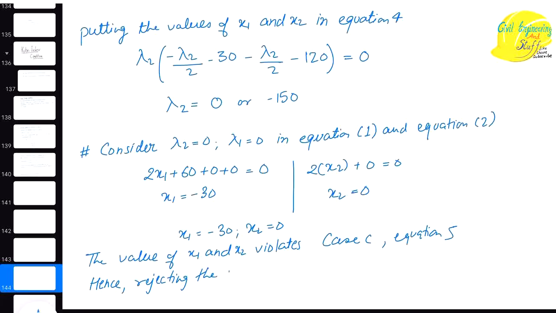We are going to reject these points, right? This is not the point, so we will reject this. Now let us check for lambda 2 to be minus 150.